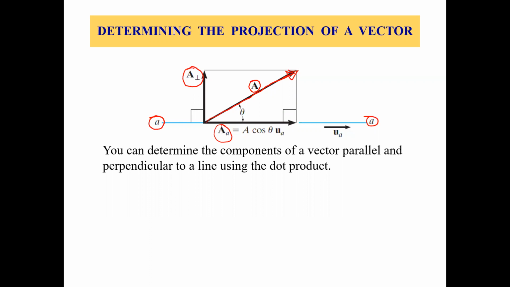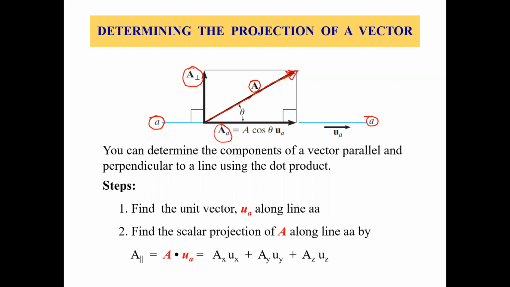Okay, so that's how you do it. Now let's see the steps. Which steps do we follow to do such analysis? First of all, we need to find the unit vector U sub a along line aa.